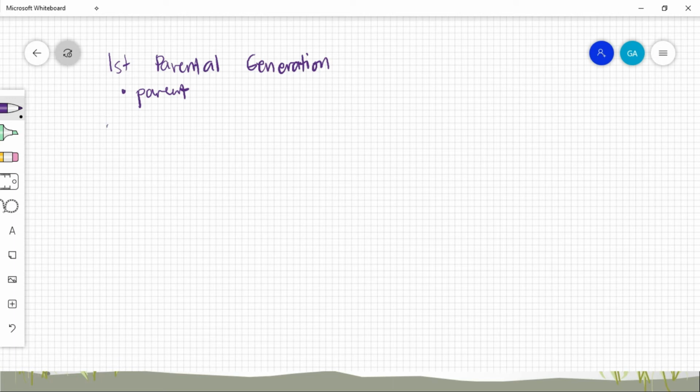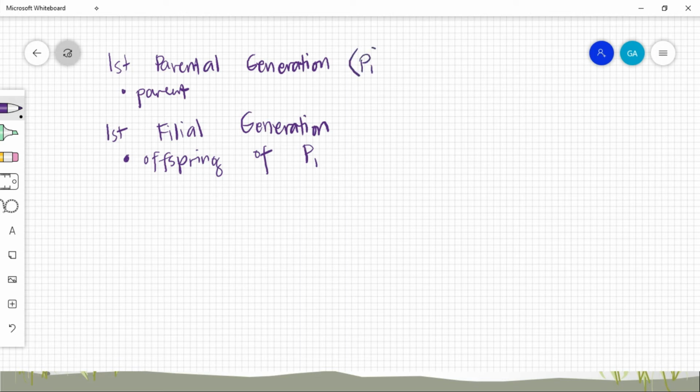Next is the first filial generation. So, when we say first filial generation, this is the offspring of P1. This is P1. This is F1. So, offspring ng P1, yung anak ng P1.